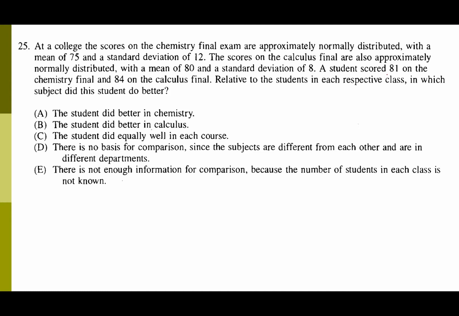So let's do chemistry first. So my score of 81 minus the mean of chemistry, 75, over the standard deviation of 12. So that's going to give me 6 over 12 or 0.5 for chemistry, aka half a standard deviation above the mean for chem.